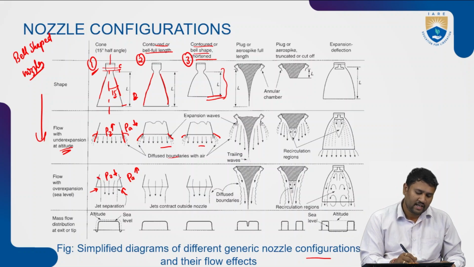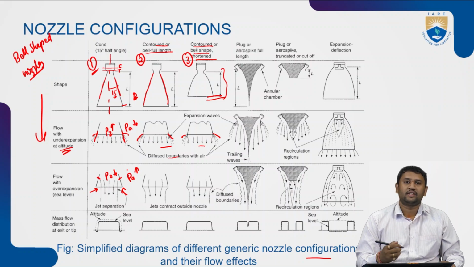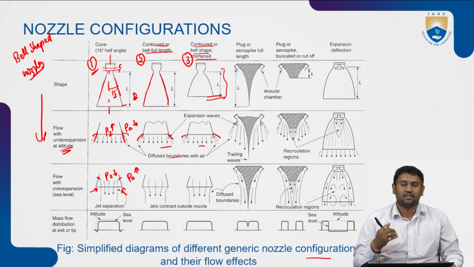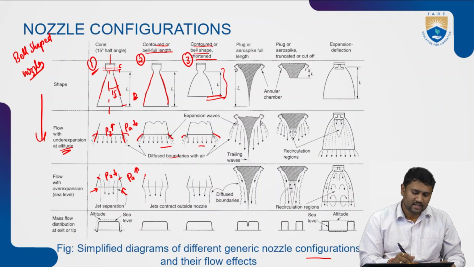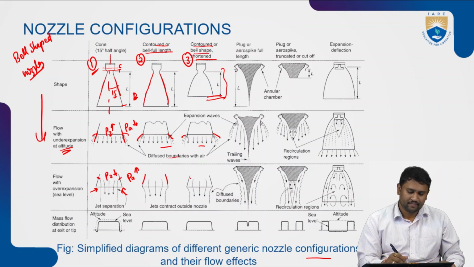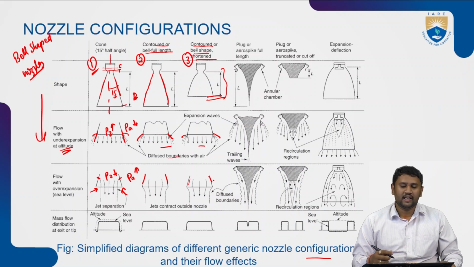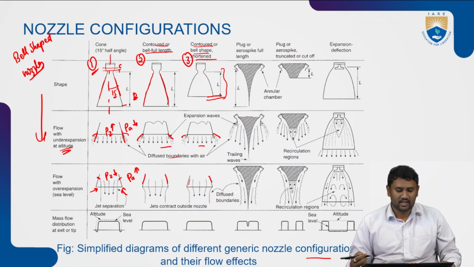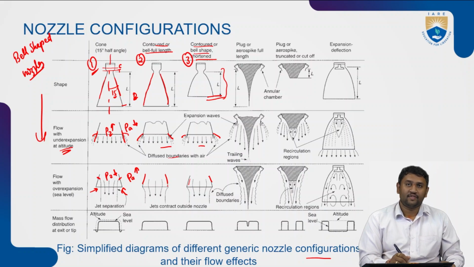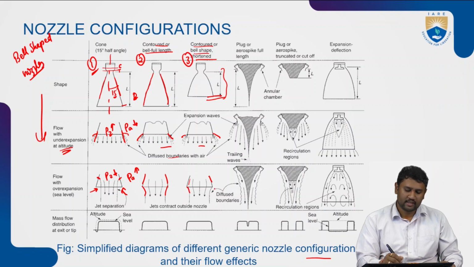The flow separation will occur before the end of the nozzle itself. Whereas if you are considering any curvature part, particularly a bell-shaped divergent nozzle, at that time the flow will not get separated, but it gets compressed while coming out. Right? The same thing.